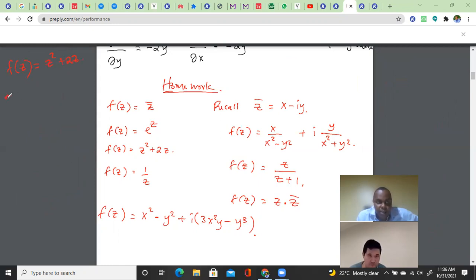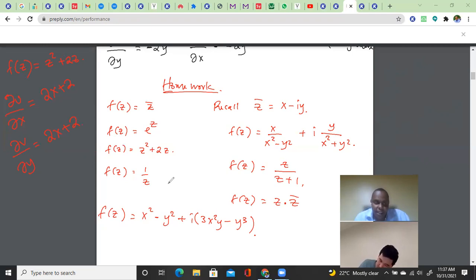You can just tell me yes or no. Yes, it's analytic. We did du dx, it was 2x plus 2, changing z to x plus iy. And dv dy was also 2x plus 2, right? And we found out that it's an entire function. It's analytic everywhere in the domain.